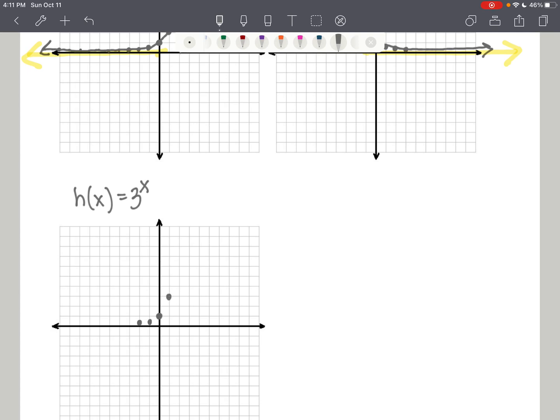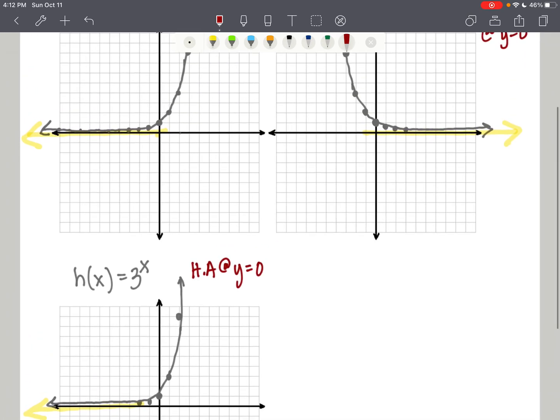Then 3, 9. This graph models exponential growth from left to right, and it has a horizontal asymptote as x approaches negative infinity. It has a horizontal asymptote at y equals 0.